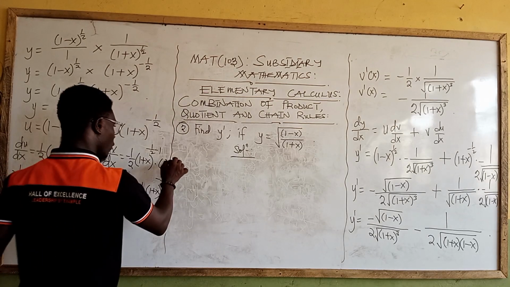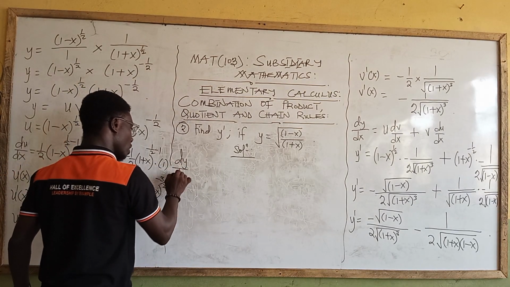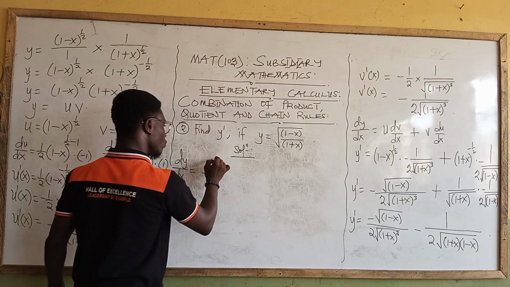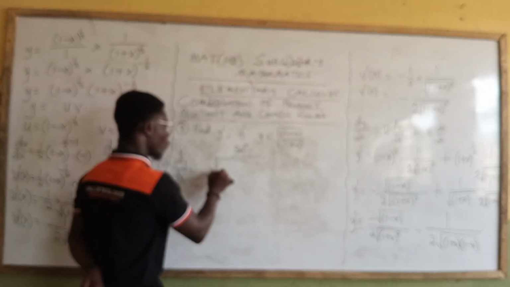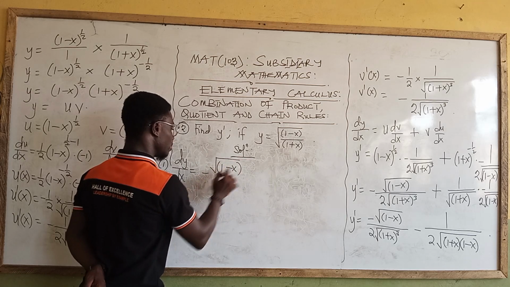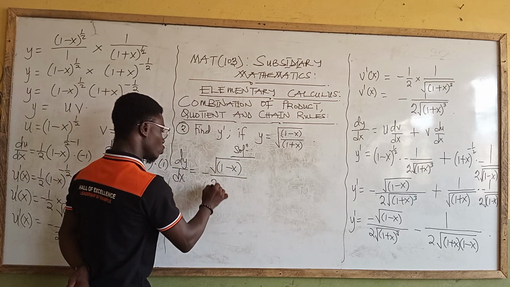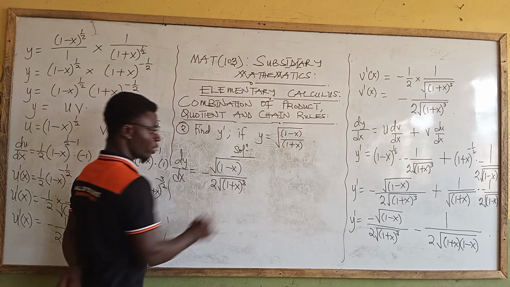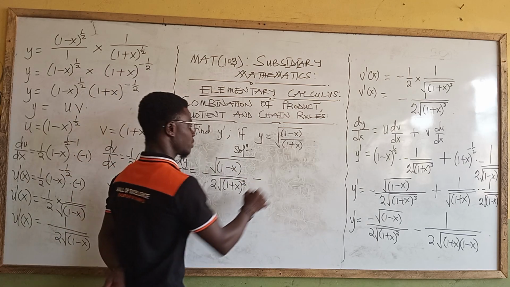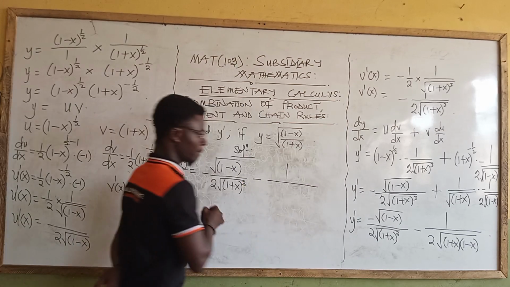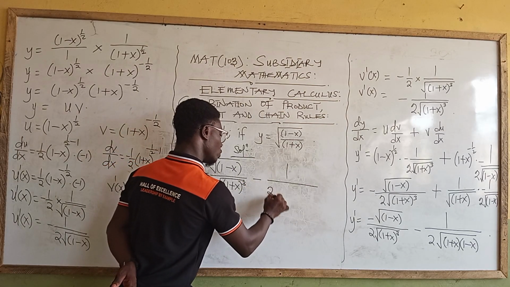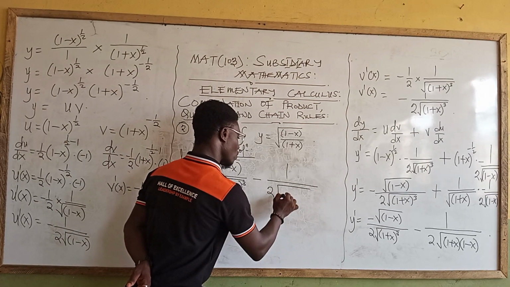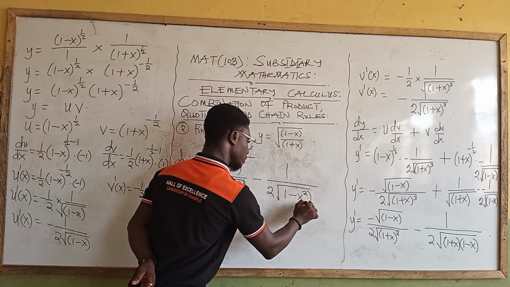So our final answer can be written as: our derivative of y with respect to x must be equal to negative square root of 1 minus x divided by 2 square root of 1 plus x exponent 3, and minus 1 over 2 times square root of 1 minus x squared.